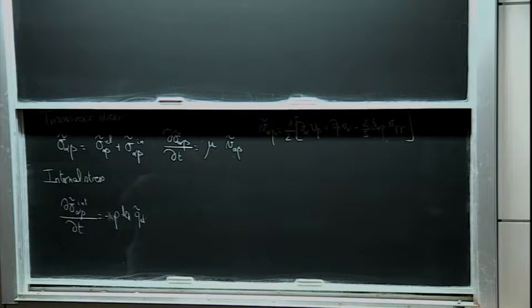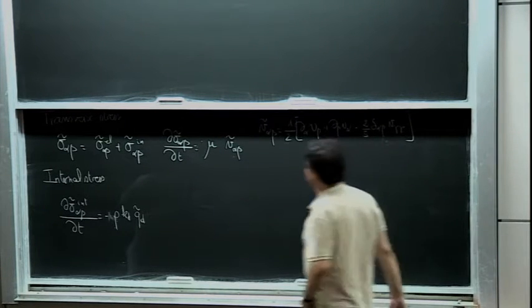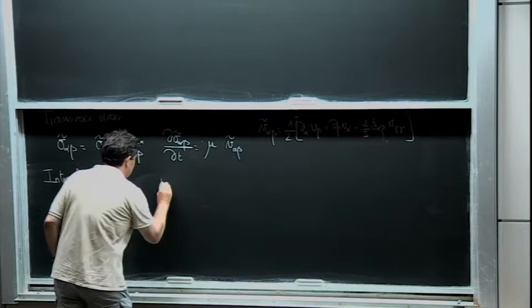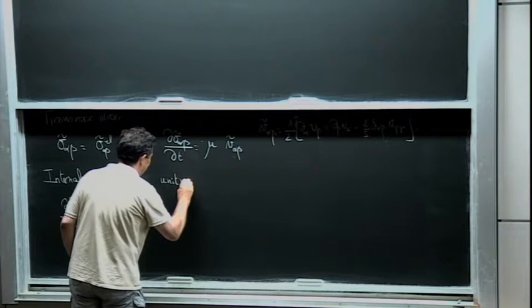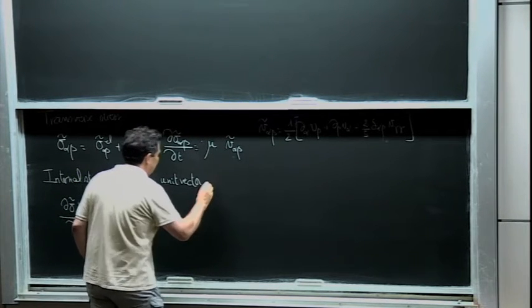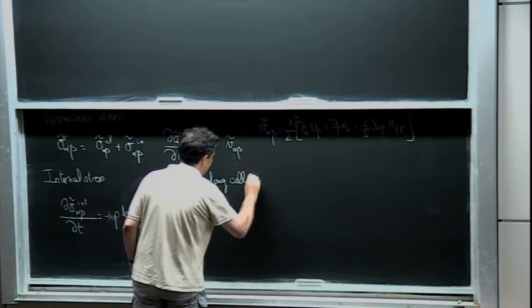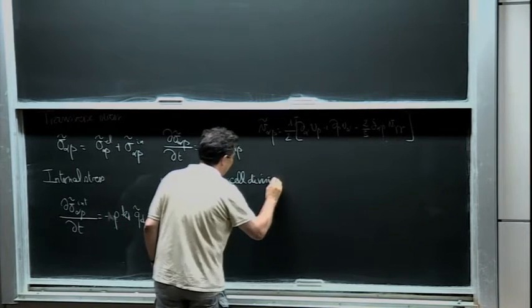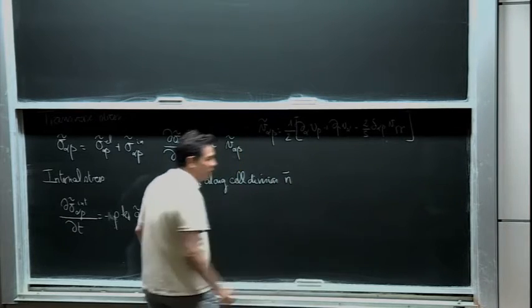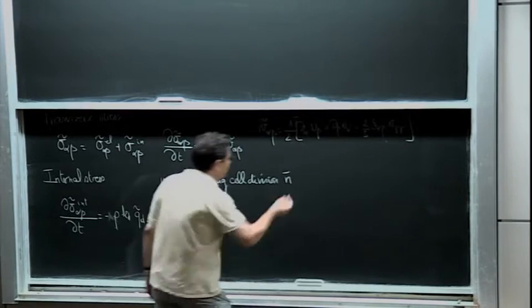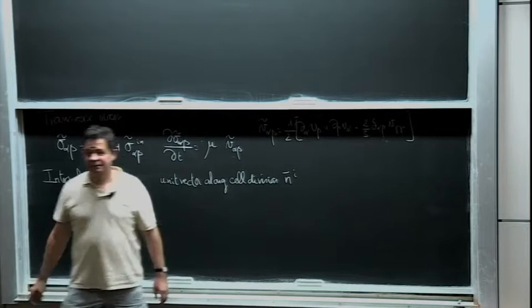So I can define an orientation of the cell division, which is the orientation of my vector D above, and I call the unit vector associated to that N. So the unit vector along cell division I call N, and for cell I is Ni.